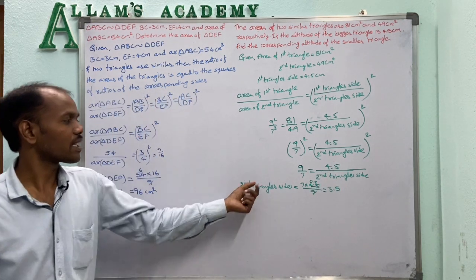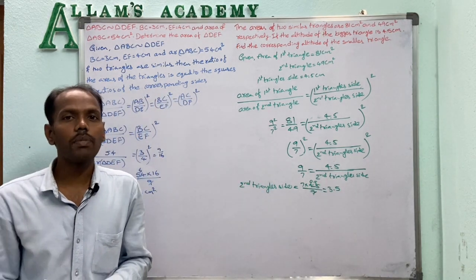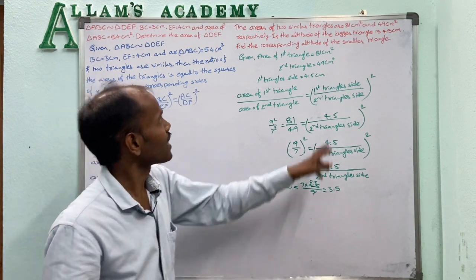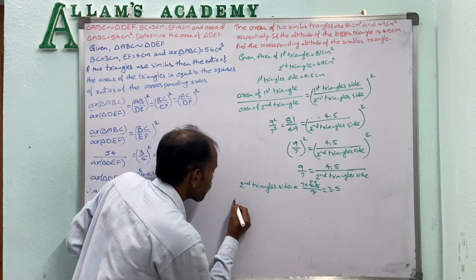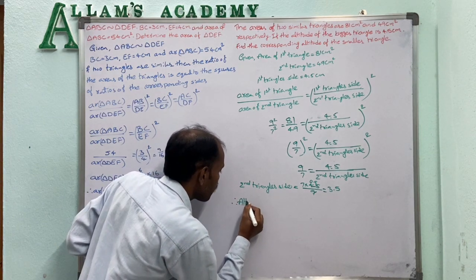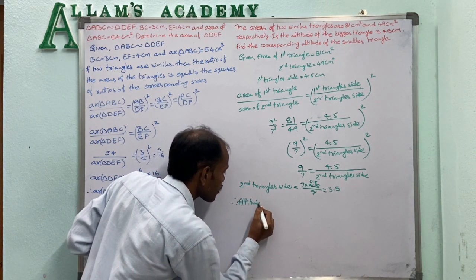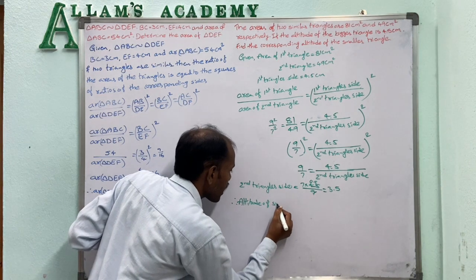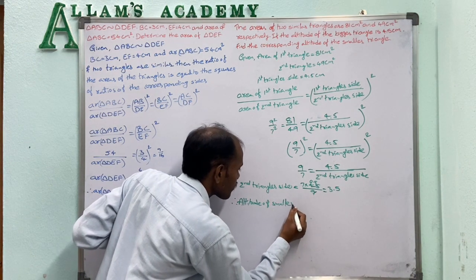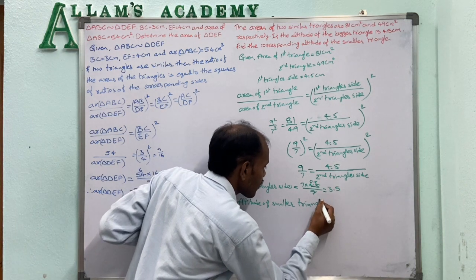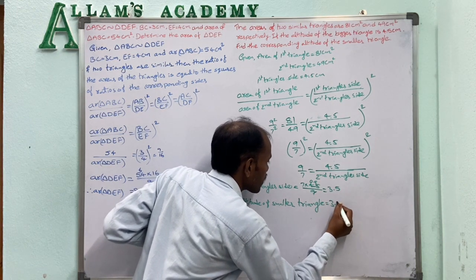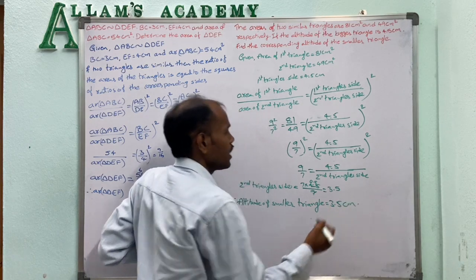So second triangle's side is 3.5 centimeters. That is nothing but the altitude of the smaller triangle. Therefore, altitude of smaller triangle equal to 3.5 centimeters.